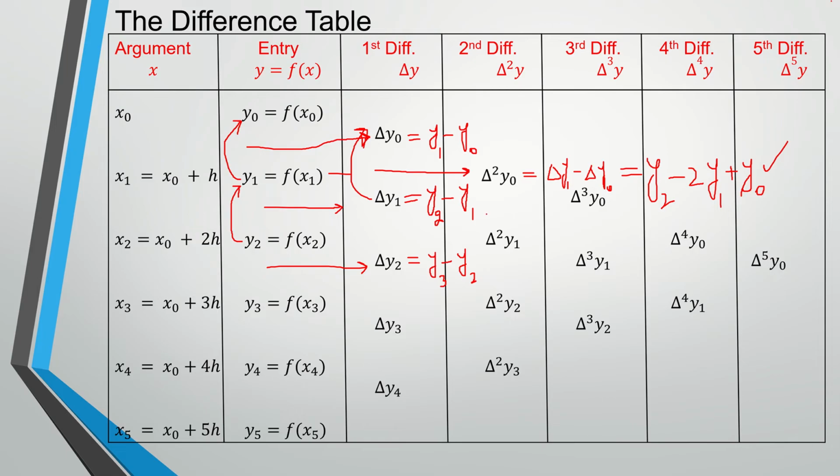And then the same thing for delta square y1, it will be the difference between these two, and you have to place that in between them, and so on. This is the difference between delta y2 minus delta y1, so it will be y3 minus 2 times y2 and then plus y1, and so on.